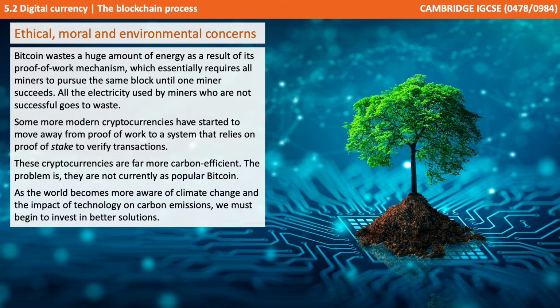These cryptocurrencies are much more carbon efficient. The problem is, they do not currently have the same popularity as Bitcoin. As the world at large becomes more aware of the impact of climate change and the impact of technology on carbon emissions, we have to hope that people start to invest in better solutions.